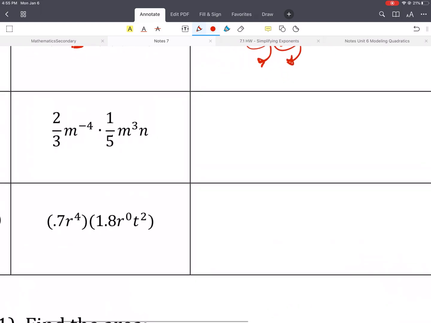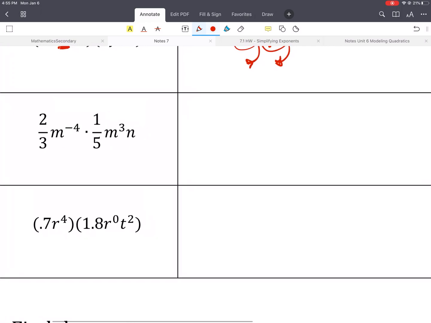Okay? Now we have some fractions, all right? Oftentimes you can just do that with a calculator. Here we'd have 2/3 times 1/5 times m to the negative 4 plus 3. So again, we have same bases. We add their exponents. Okay?